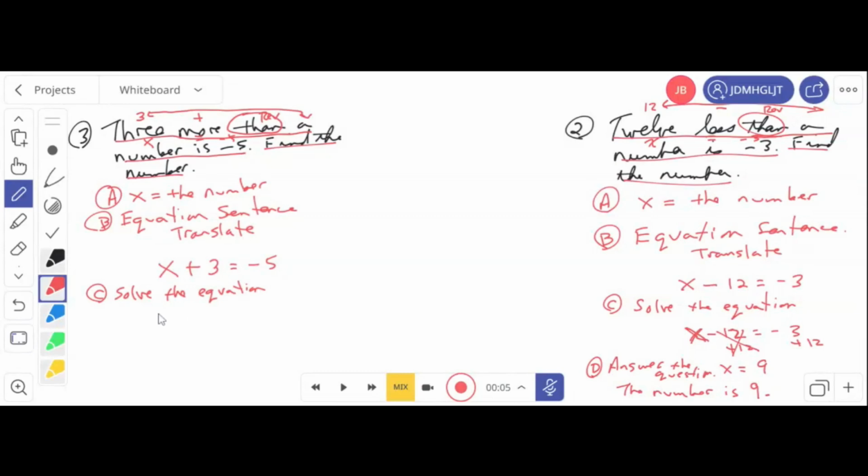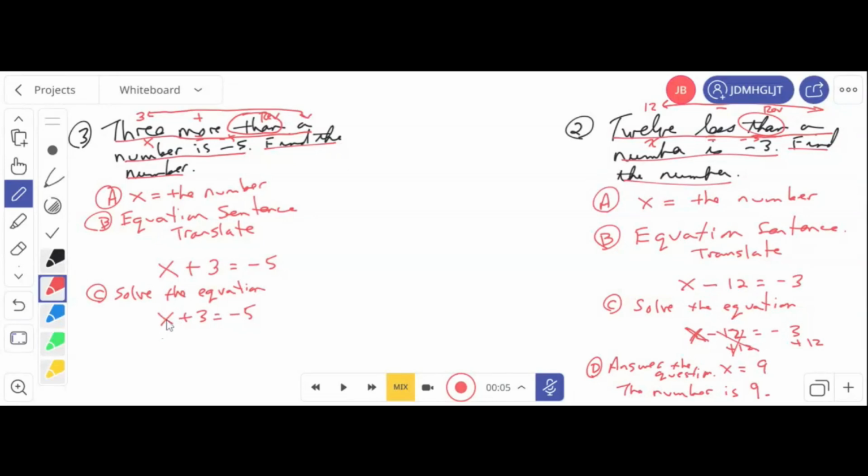Next, we solve the equation. x plus 3 equals -5. Undo parentheses. We don't have parentheses. Combine like terms. There aren't any terms to combine. Get rid of variables on both sides. We don't have variables on both sides. Step 4, stop. Make sure there's only one variable term in the problem.